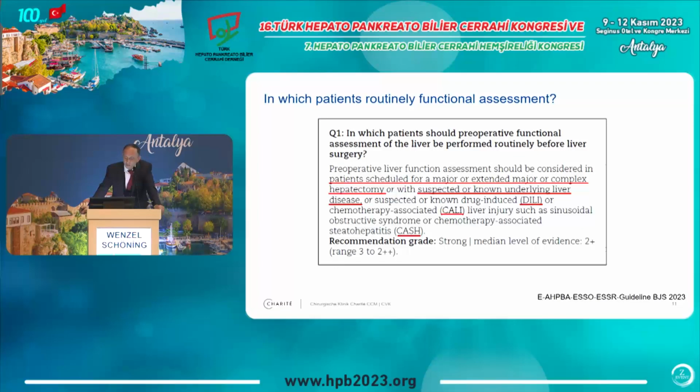For instance, sinusoidal obstruction syndrome, if oncologists have used oxaliplatin before, or chemotherapy-associated steatohepatitis, what is called CASH, if the oncologist has used irinotecan chemotherapy before.